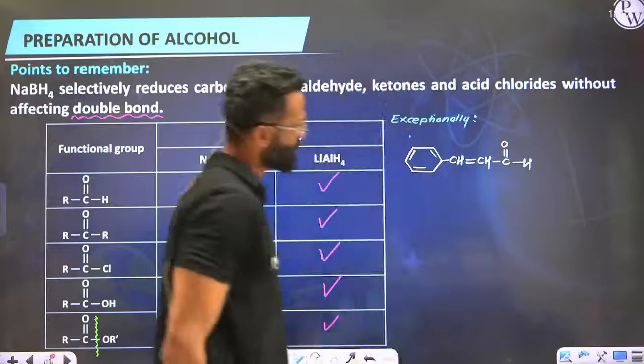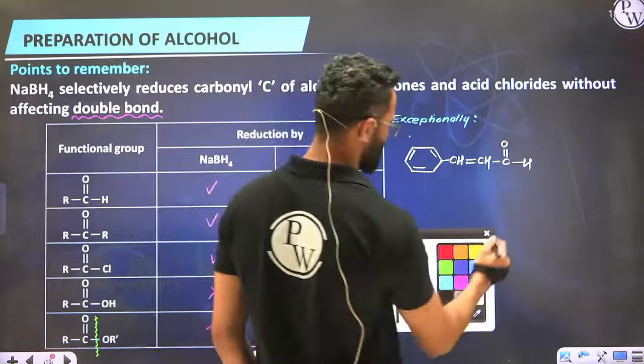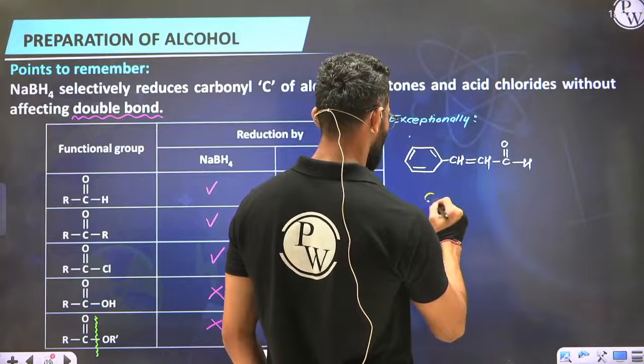Well guys, can you identify the name here? This is nothing but cinnamaldehyde.